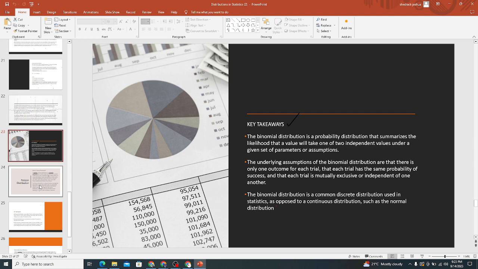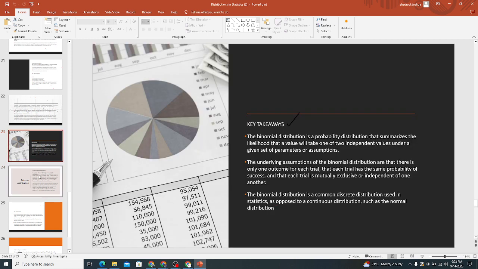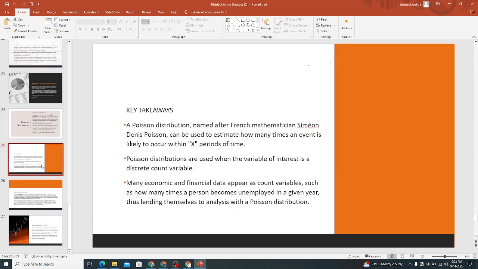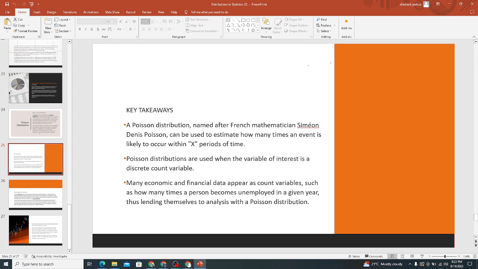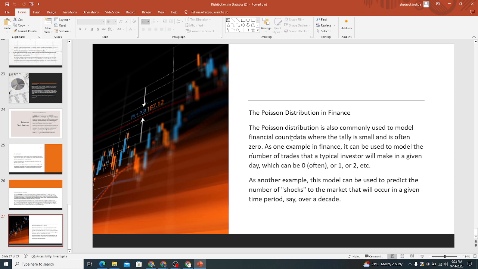Any question about binomial distribution? For Poisson distribution, I will share these notes after the class, so you can go through them. On Monday we will discuss the Poisson distribution, the theory, and then start the practicals right away.